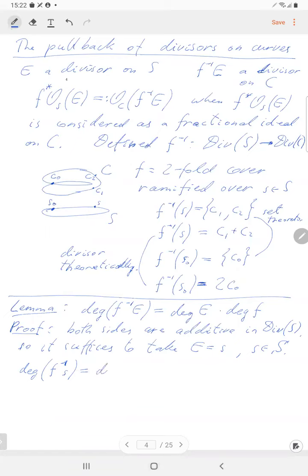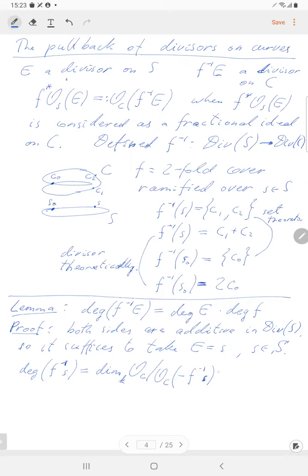So this is by definition the dimension of global sections, there's a skyscraper sheaf, so let me just write the dimension over K, the base field, of O_C modulo O_C of negative pre-image of S. We're interested in this divisor, the pullback of S. We don't yet know how to compute its degree, but just by definition of the degree of divisor, this is the dimension.